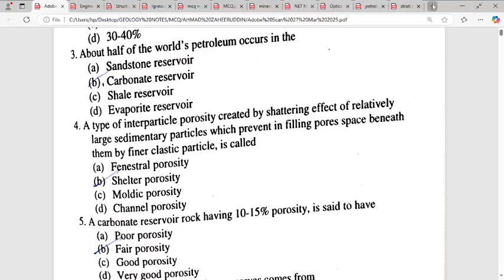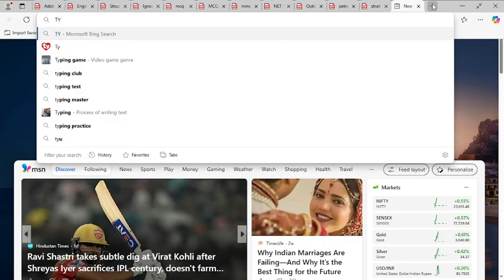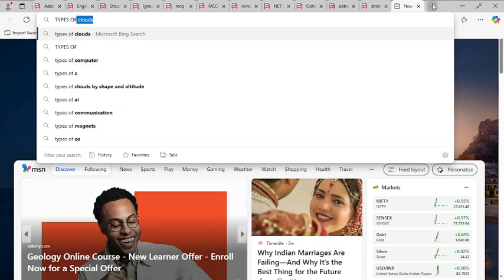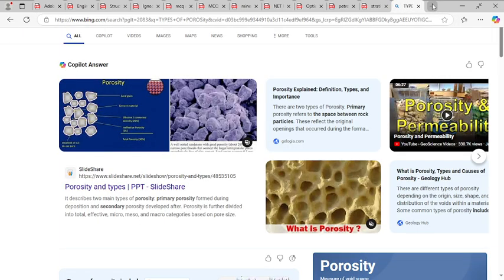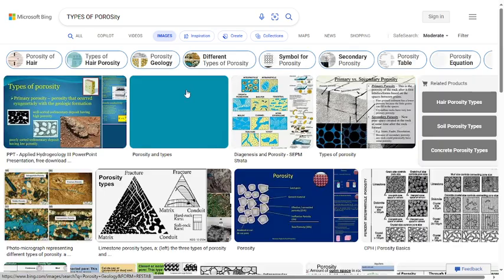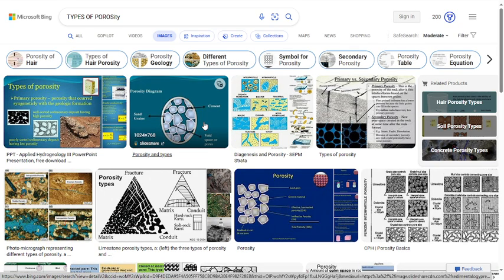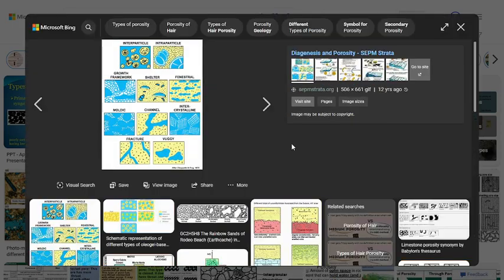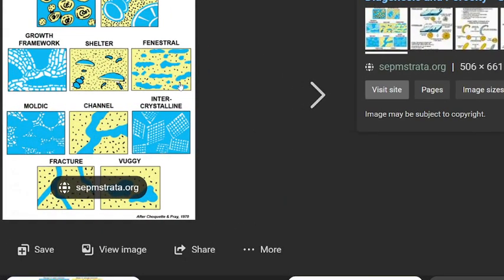So let me just try to show the types of porosity, and then shelter porosity. So this is shelter porosity.